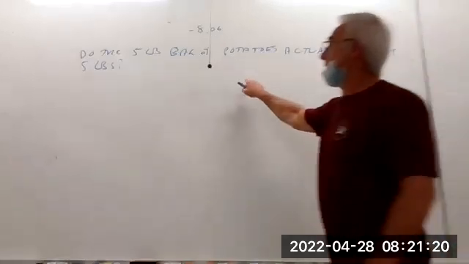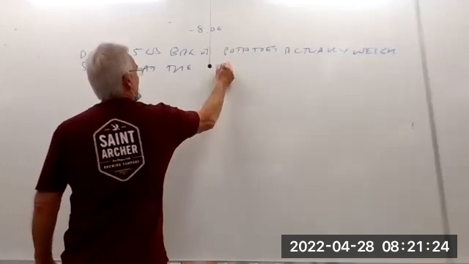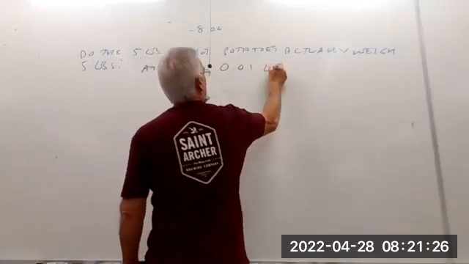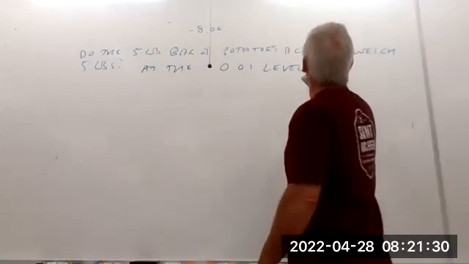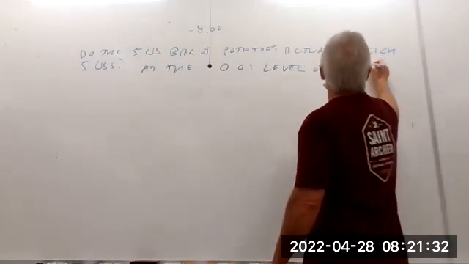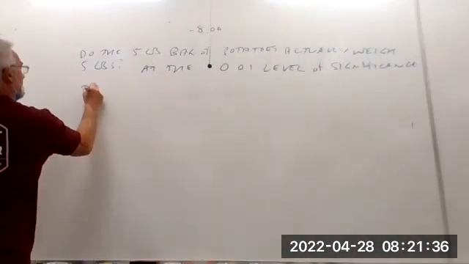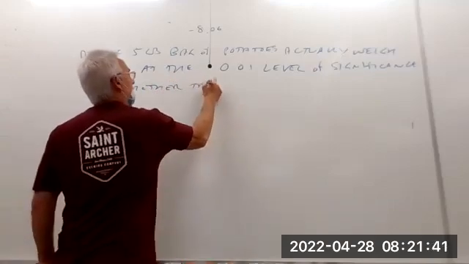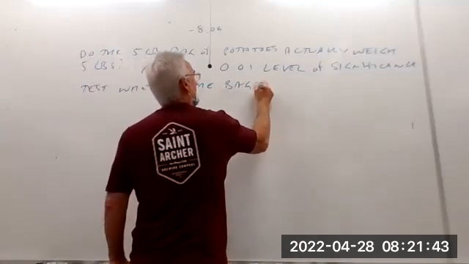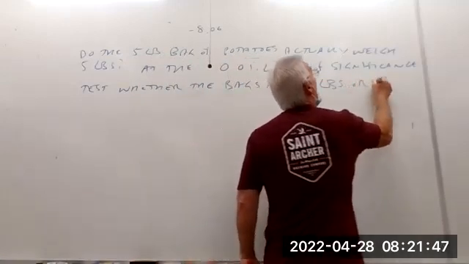Ooh. So let's use 0.1 this time. At the 0.1 level of significance, that's the same as saying the 10% level of significance. Test whether the bags are 5 pounds or not.